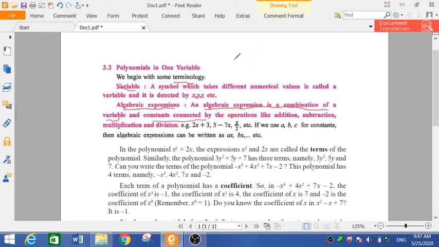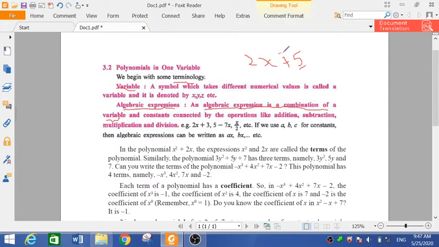If I write 2x plus 5, here 5 is called the constant term. One of the operations we are using is addition, and the variable is x.